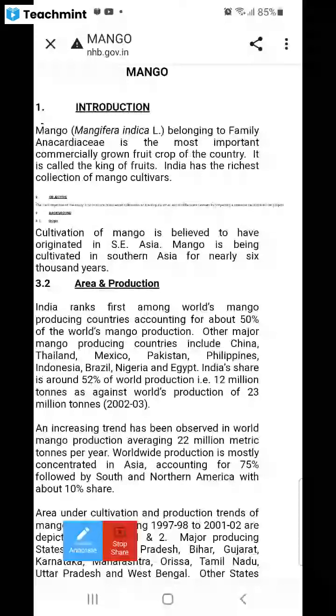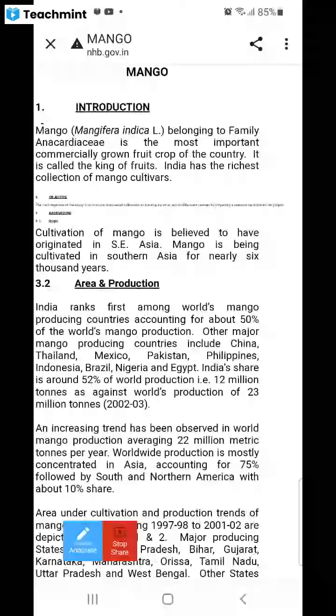Mango is the choicest fruit of India. Wonderful changes are observed in its taste from immature to mature fruits. In production, nutritive value and popularity, it is leading among all fruits.